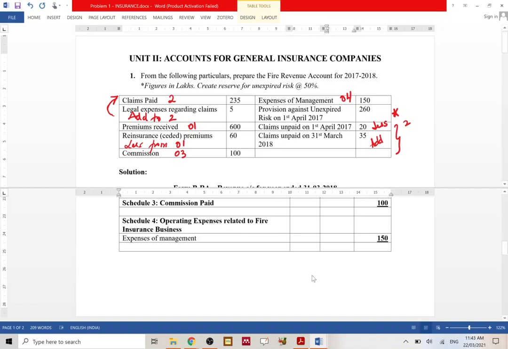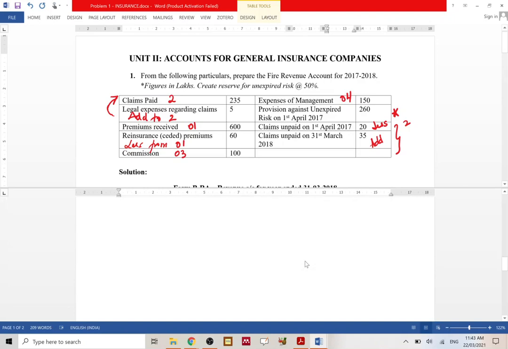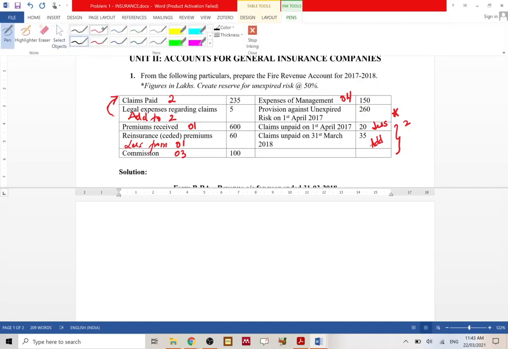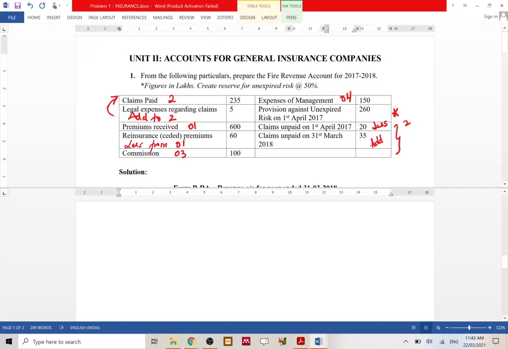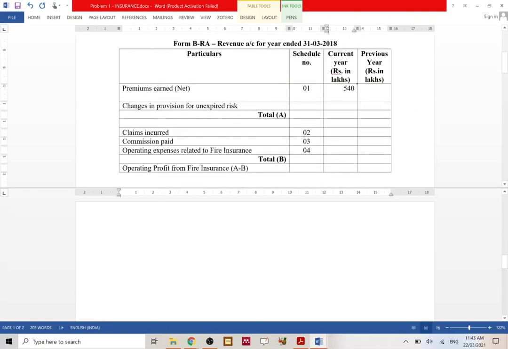So, what exactly is this unexpired risk? Like I've said to you before, we have some calculation that we do based on the premiums that have been earned this year. In this problem, the total premium earned is 540 for the current year, right?